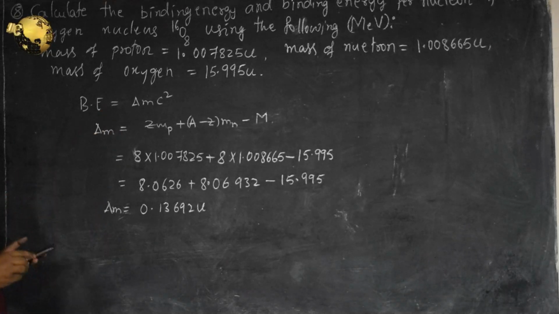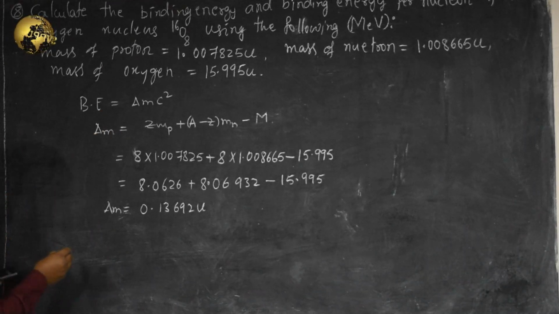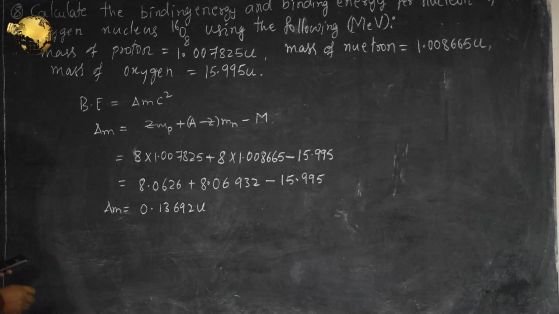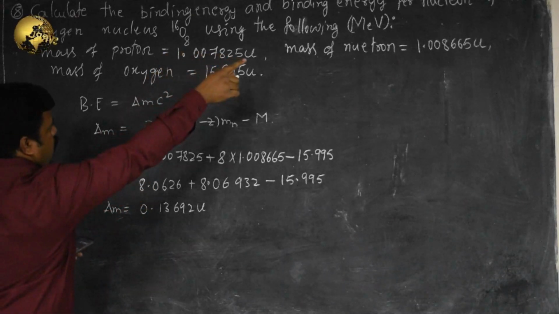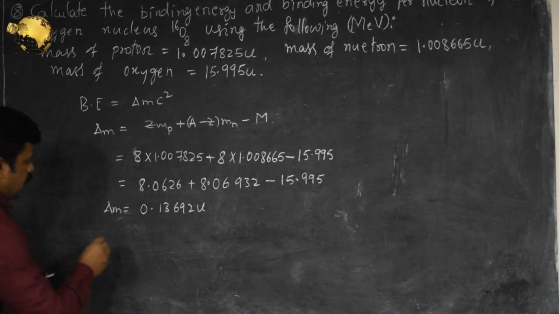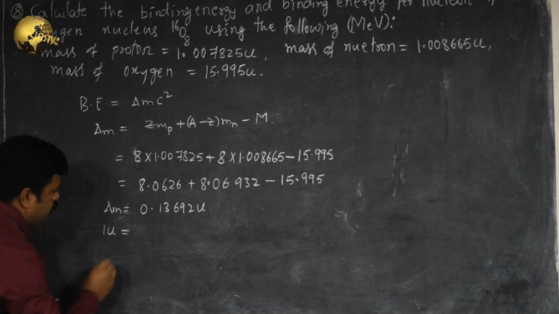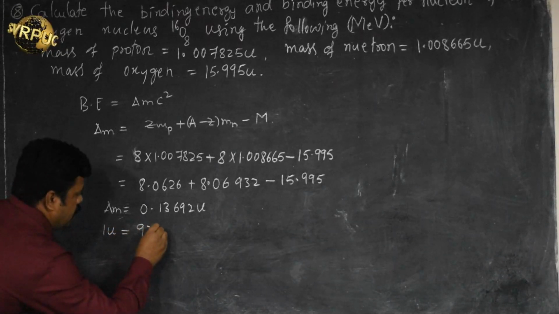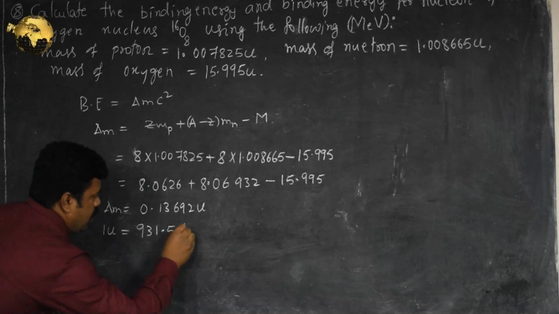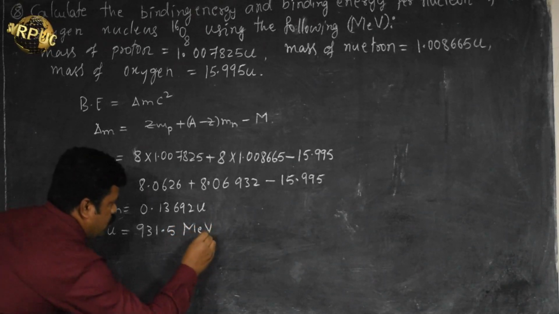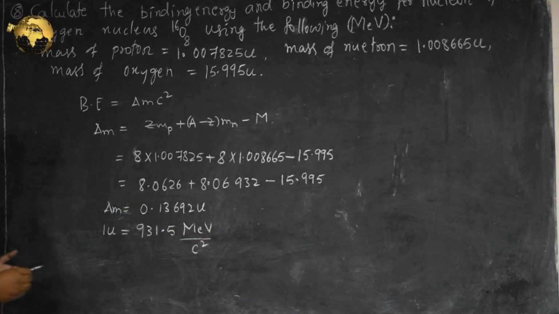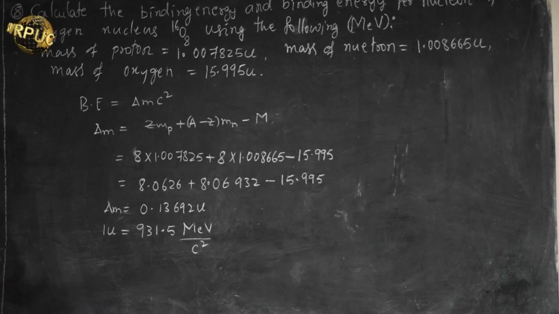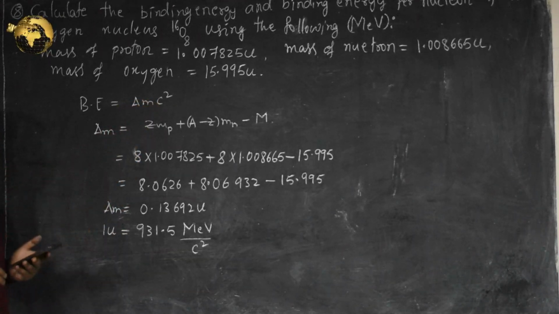Let's find out the binding energy. One conversion we should remember here is that in order to find the values in mega electron volt, one atomic mass unit is equal to 931.5 mega electron volt divided by C square, where C is 3 into 10 to the power 8.